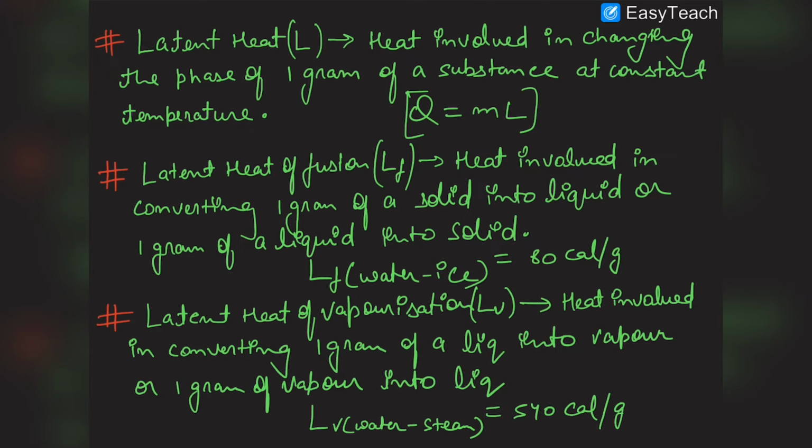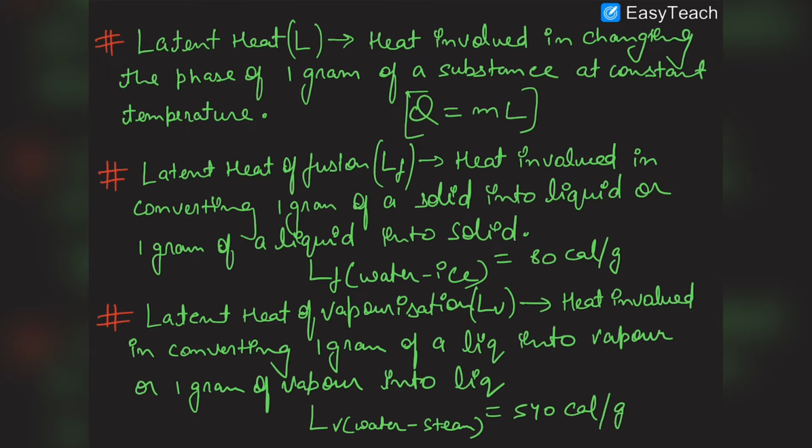Such a huge amount of heat is absorbed by the ice from the atmosphere, and therefore the temperature of the atmosphere falls. So when the ice melts, the temperature of the atmosphere falls to a greater extent, and we can see that when the ice melts at hill stations, quite low temperatures are recorded there.